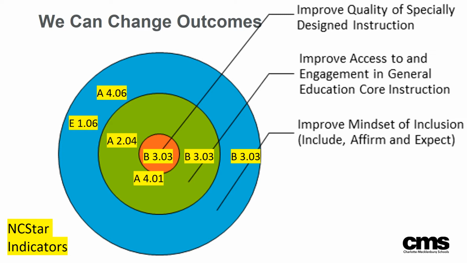The green band represents improving the access of students with special needs to engagement in general education core instruction. This green band is aligned to indicator 4.01 and is our focus today.